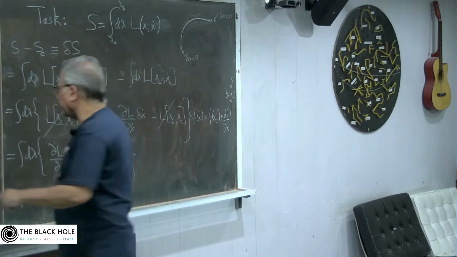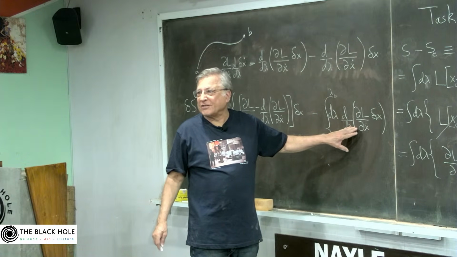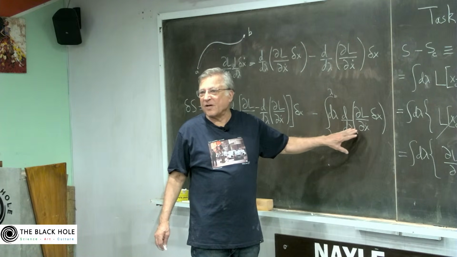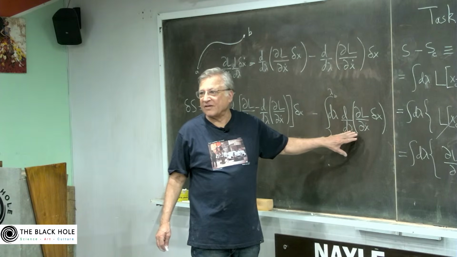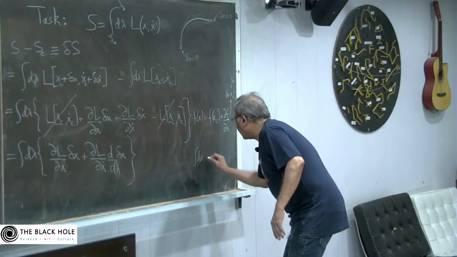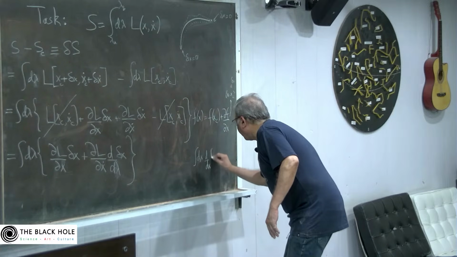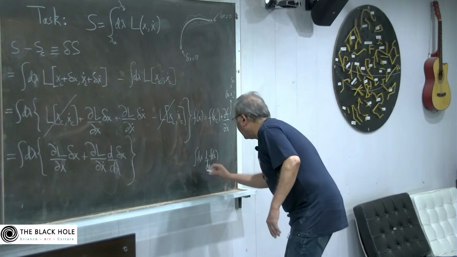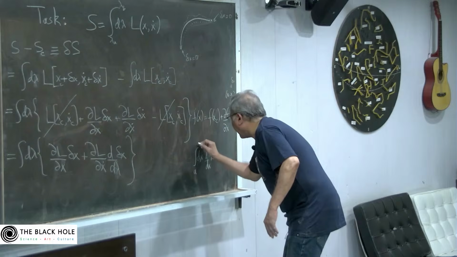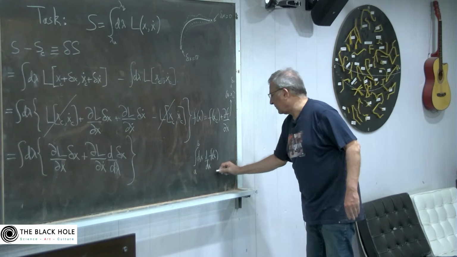And now, what does the fundamental theorem of calculus tell you over here? What is the fundamental theorem of calculus? It's that if I have d by dx of f of x from x goes to a to b, what is this equal to?